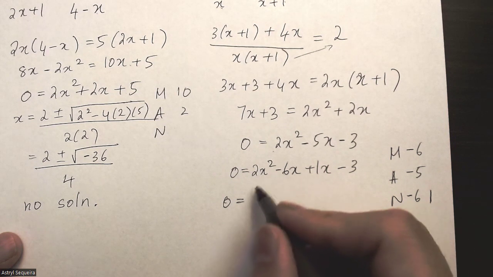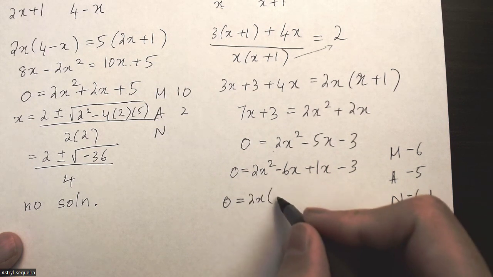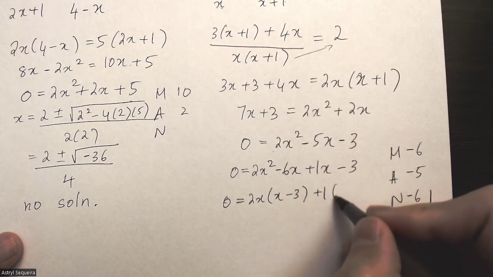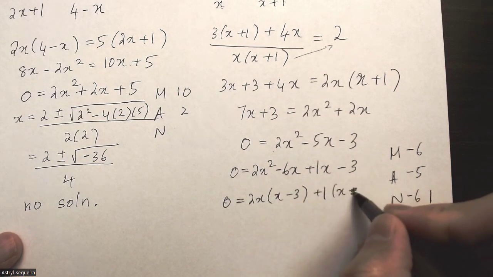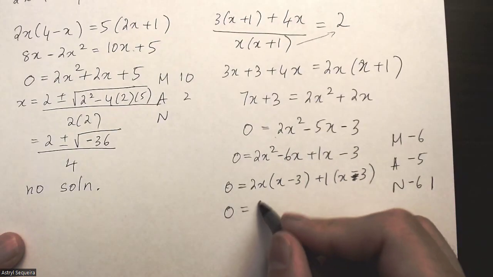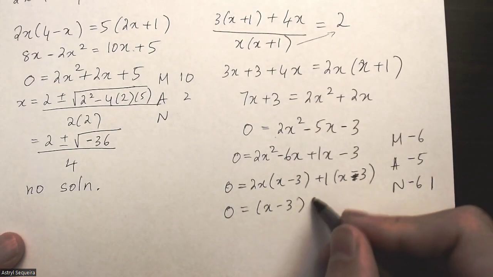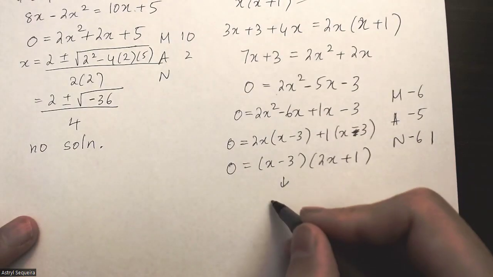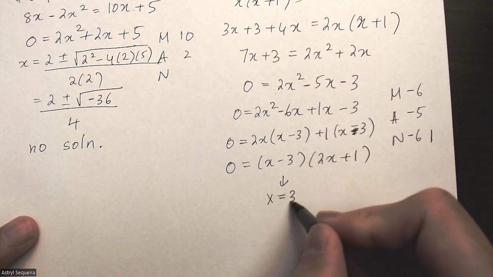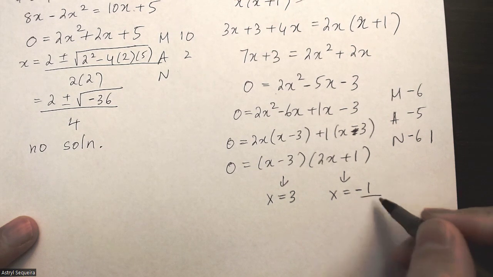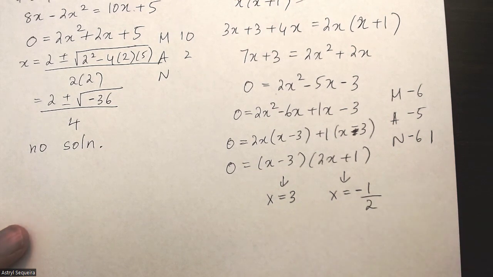My common factor for these two is 2x, and I'm left with x minus 3. Over here, my common factor is just 1. Oops, x minus 3. And if I group this, I'll just have x minus 3 times 2x plus 1, which means that my two solutions are x equals 3 and x equals negative 1 over 2.